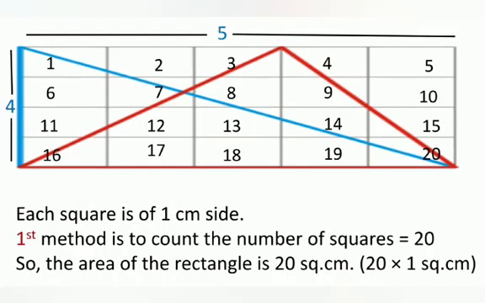The first method is by counting the squares of this rectangle. You can see there are 20 squares in this rectangle. The area of each square is 1 square centimeter. Therefore, the area of 20 squares will be 20 square centimeter.